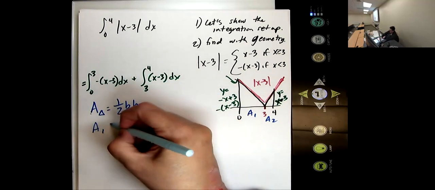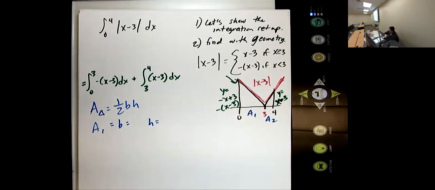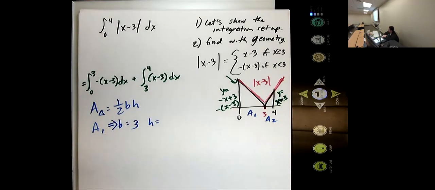So for A1, what's the base and what's the height? Base is 3. That's correct.